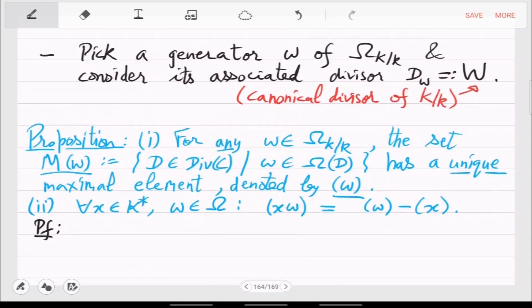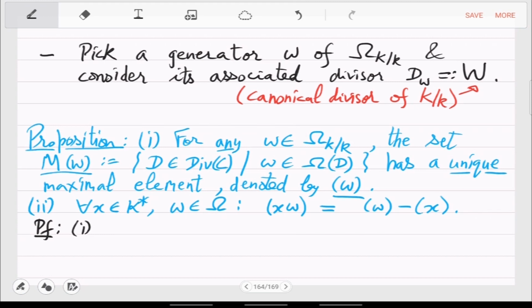Okay, so for the first property I need to show that the divisors associated to a differential are bounded in degree. What does maximal element mean? It's not clear what it means and whether it exists.